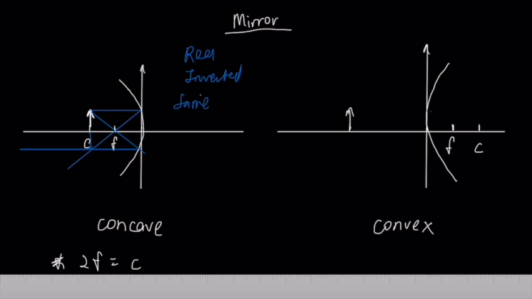So normally when your object is on the center point, it would reflect back at the same point also, at the center point with the same size. Yeah, so basically that's the best distance for you to see how high you are.